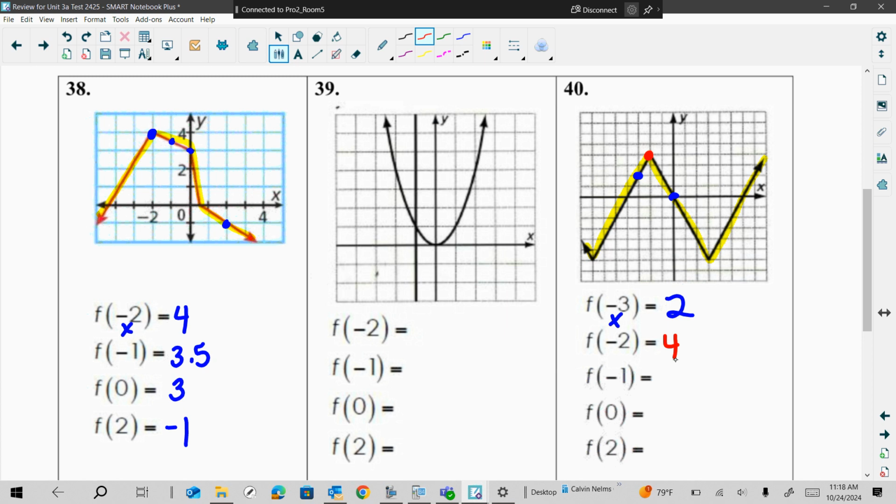Negative 1, 2, 0 is 0. And then if I go over 2, you're so close. It wouldn't be negative, right? Because you went down. Negative 4. Yeah, because if you go down, that's negative.